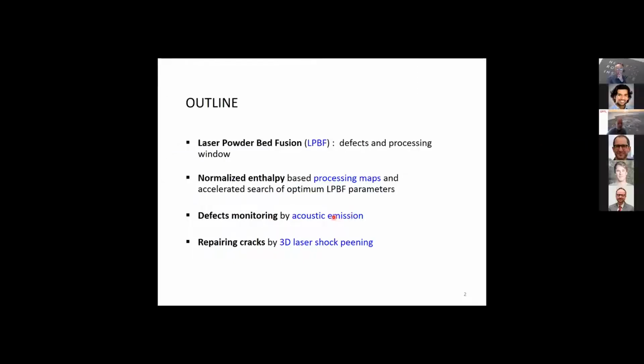And at the same time, not only do we have in mind to do monitoring of defects, once we recognize those defects, we would like to locate and maybe repair those defects. And I will show one example of a strategy using laser shock peening, which allows us to heal cracks in the nickel-based alloy that we have seen already in Stephen's presentation.